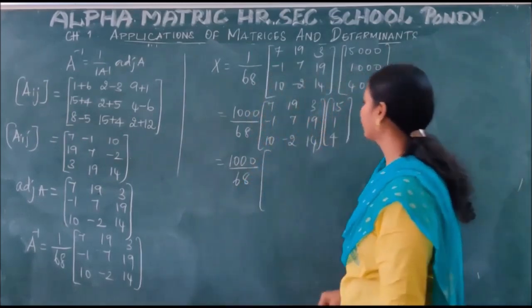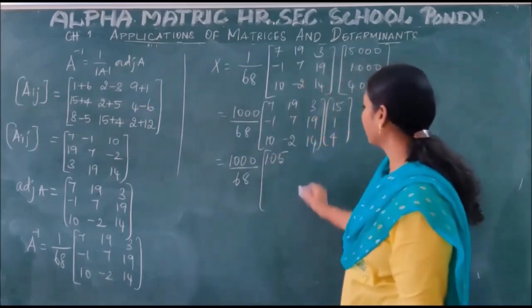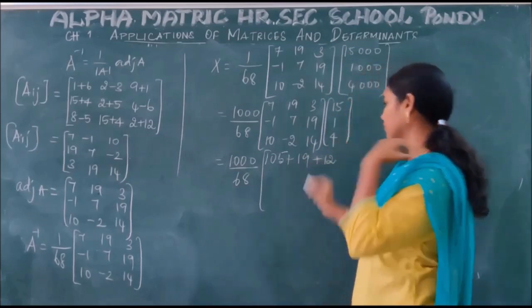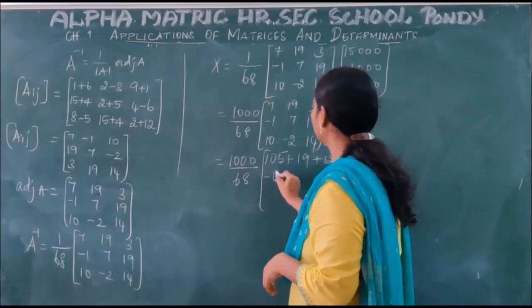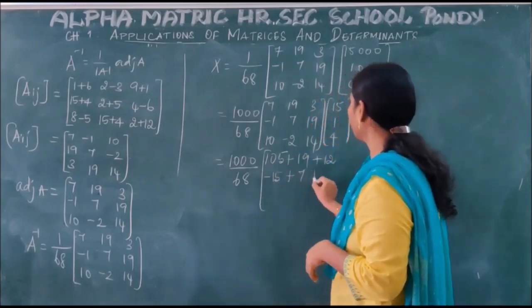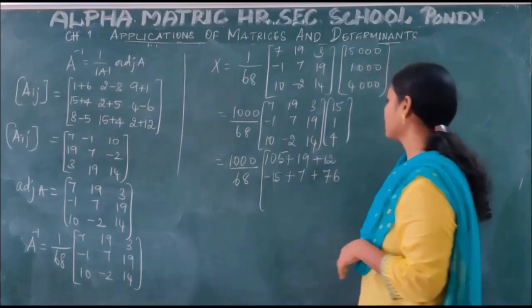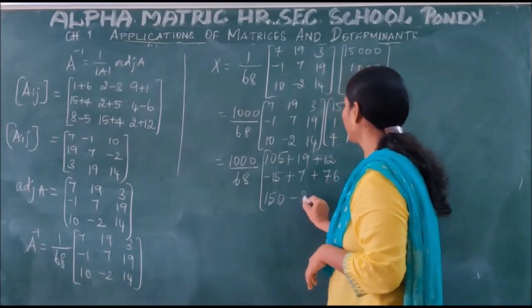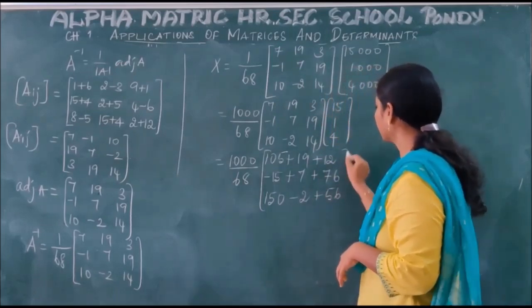Okay, 7 15s are 105, 3, 105, plus 19 plus 12. Next is minus 15 plus 7 plus 36, 3, 76. This is 150 minus 2 plus 60, 56.